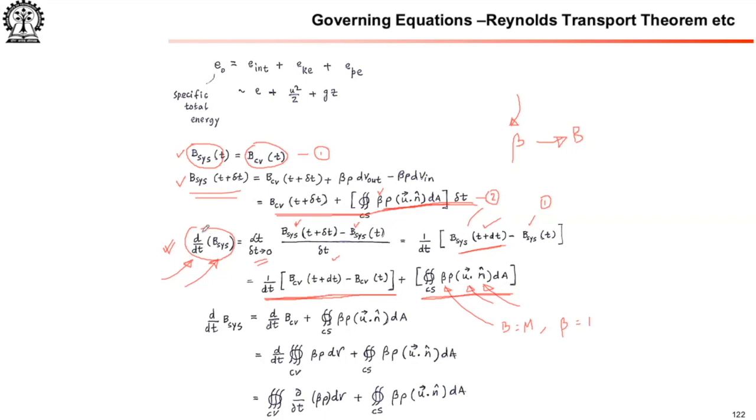So similarly, if you think of d by dt of momentum of the system, that will be the same as d by dt of momentum of the fluid within the control volume plus the net efflux of momentum, where the rate per unit time is built in, across the surface of the control volume.